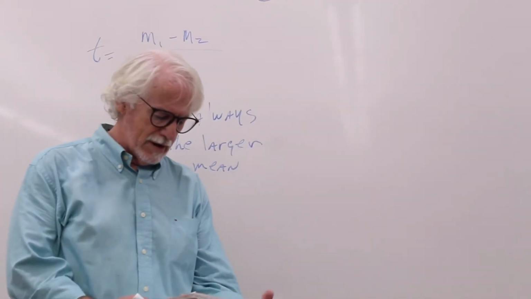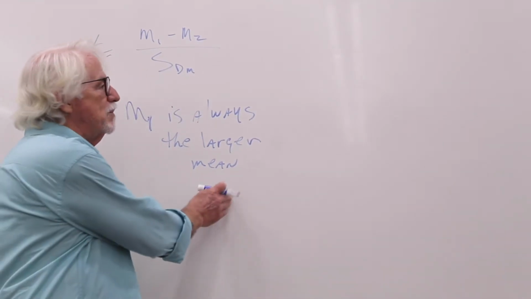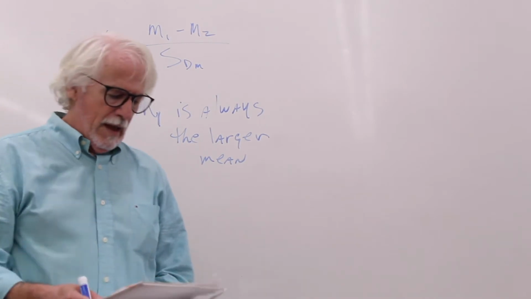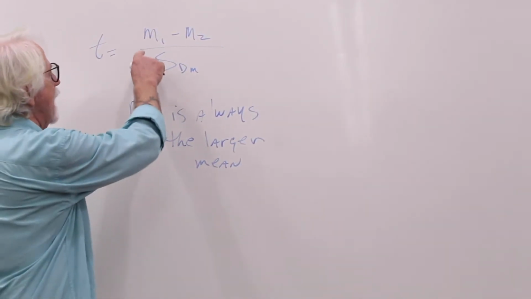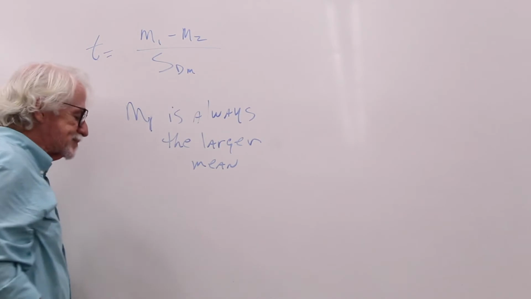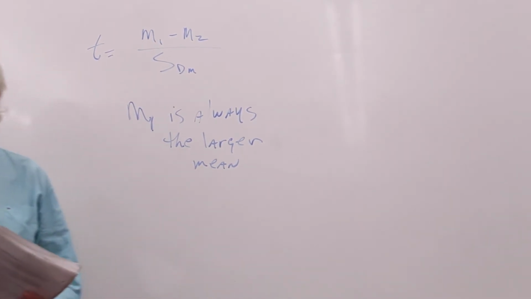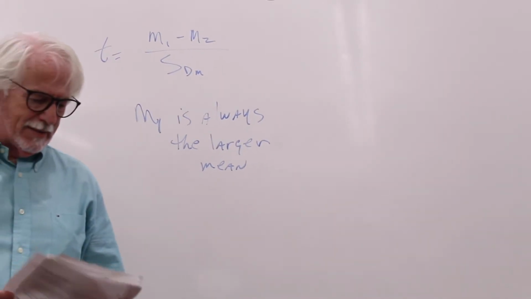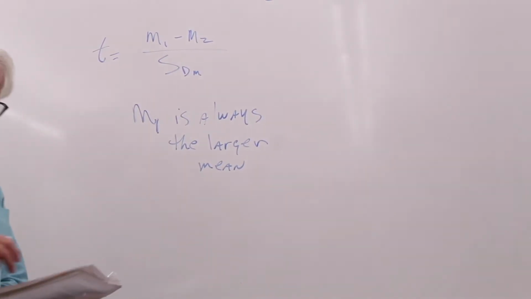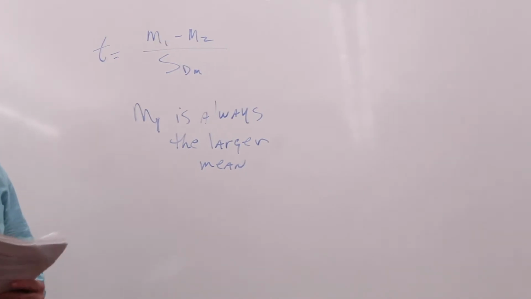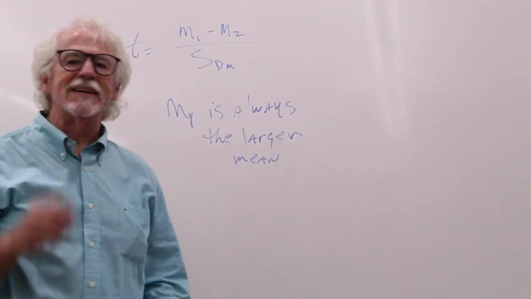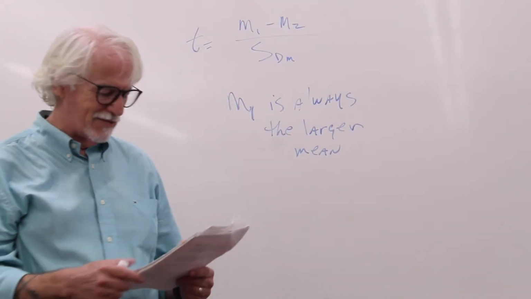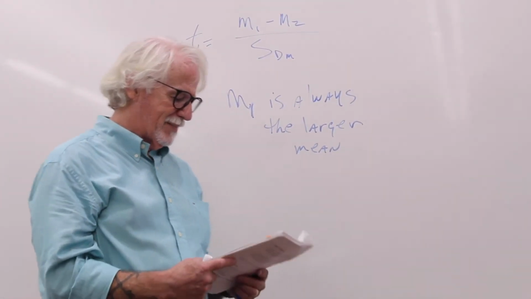It's irrelevant, right? So M1 is just always the larger mean because we want to have a positive number outcome. Okay? All right, so that's really easy, right? M1 minus M2 over SDM, which is the standard error for the difference between the means, right?